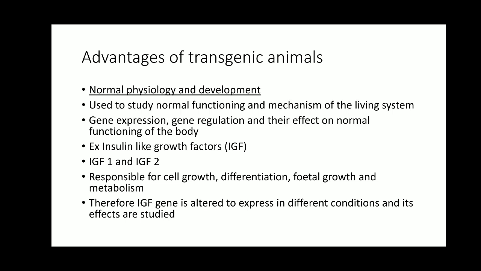For example, insulin-like growth factors are used for studying how these growth factors help in cell growth and development, how they are affected by other proteins and compounds, and how their expression takes place.